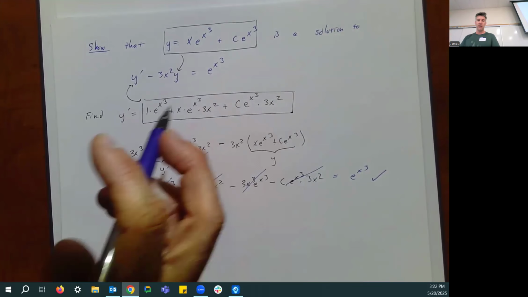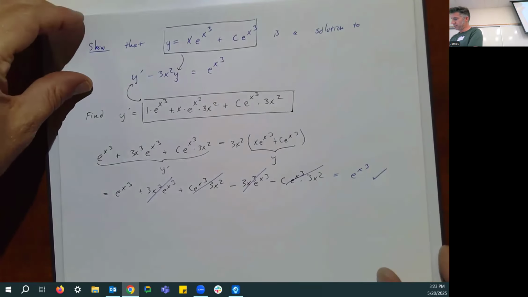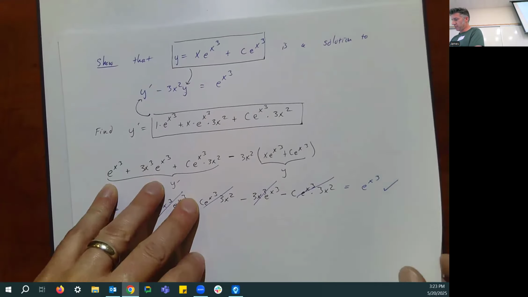So when we see something like this, we want to look at our differential equation, identify all of the functions and derivatives that are present, find them all, and then plug them back in to see if it actually solves the equation. Let's look at maybe two more examples. Here's a more interesting example.